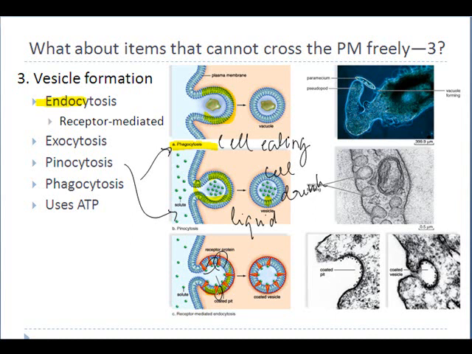Receptor-mediated endocytosis is very selective, and it is much more efficient than just pinocytosis. It is involved in uptake and also in the transfer and exchange of substances between cells. For example, exchanges between maternal blood and fetal blood at the placenta are an example of receptor-mediated endocytosis.